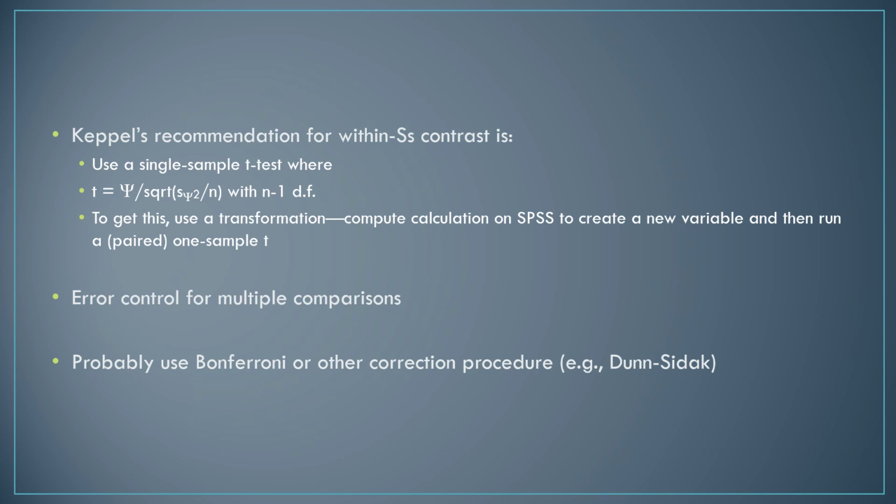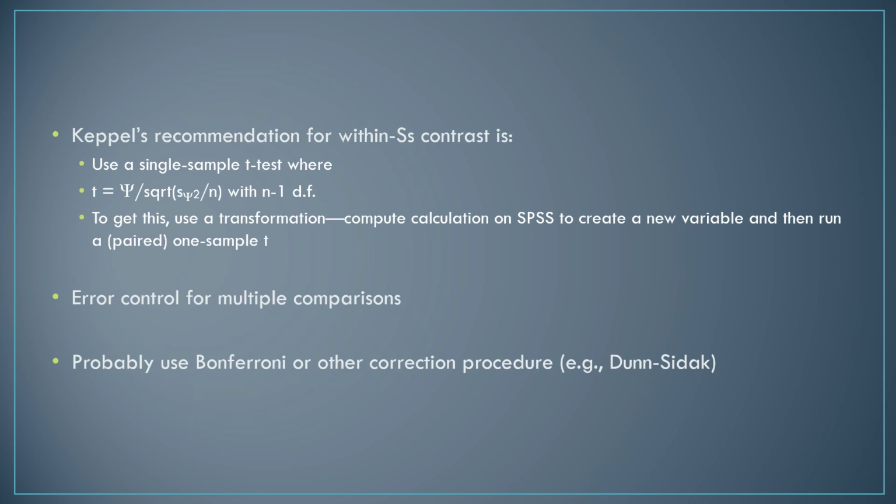The only problem with this is there's not a better error control system for when you're doing multiple comparisons. So remember, you have to be controlling for error as well as for your type 1 error as you are conducting these comparisons after completing your original within subjects ANOVA design.